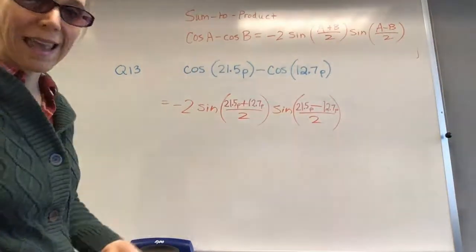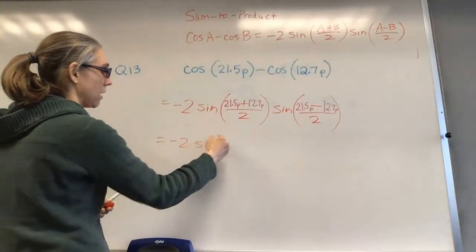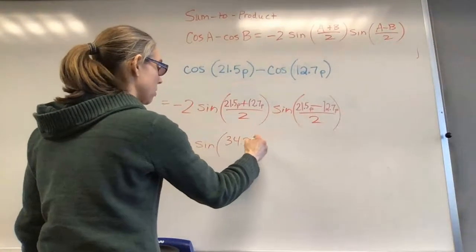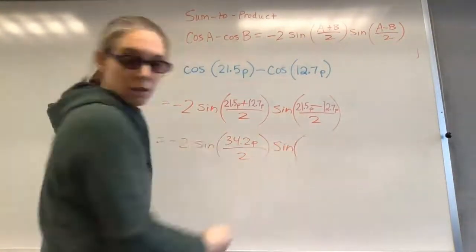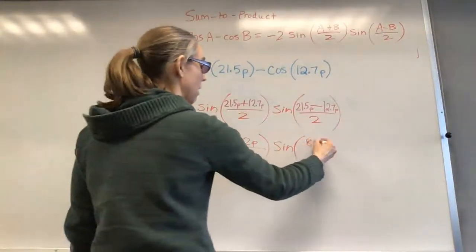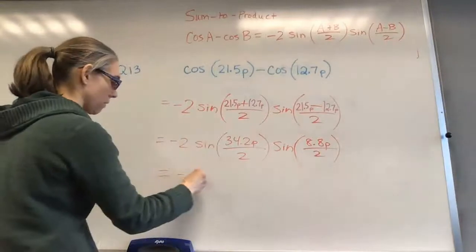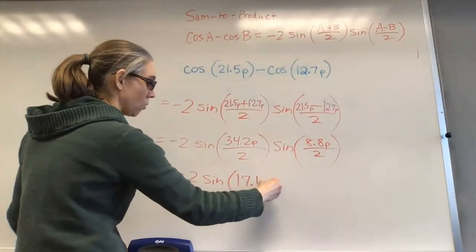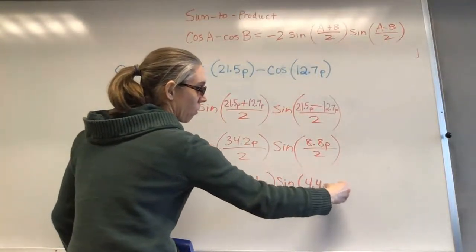is 8.8. So this then gives us -2 sine of 34.2p over 2 sine of 8.8p over 2, which then further simplifies into 17.1p and 4.4p.